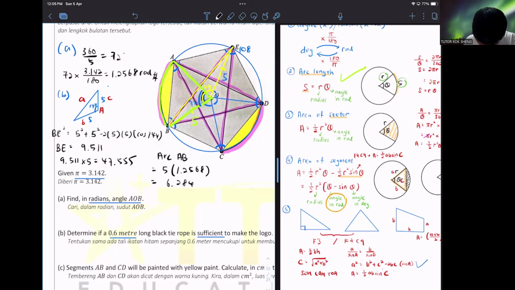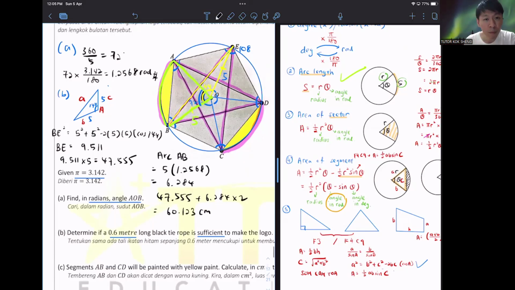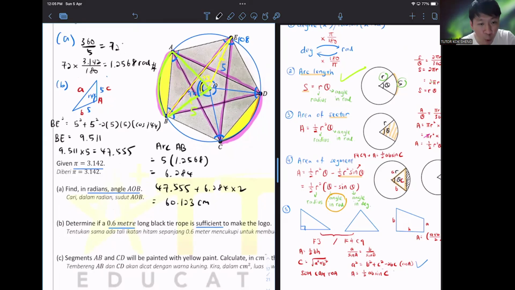Okay, so we add together. Times 2 for the arc, since there are two sides, AB and CD. 47.555 plus 6.284 times 2. So 60.123 cm.